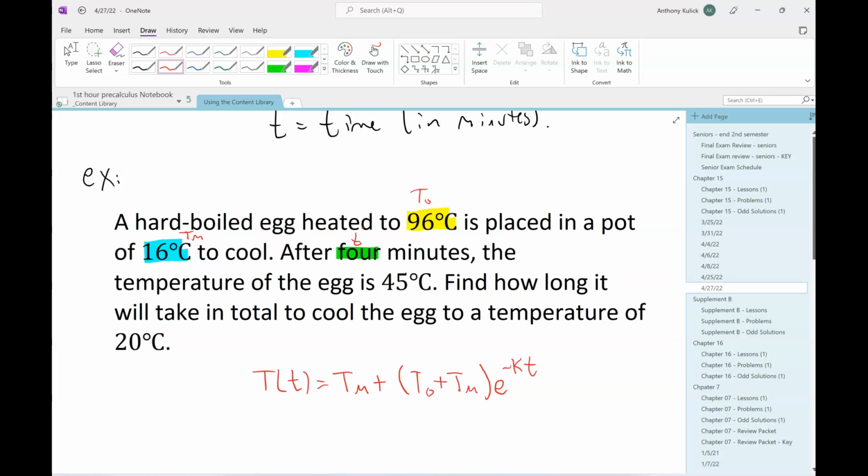But what we don't have anywhere in here, well, let's keep going. This is like a T of t, specifically T of 4. And then this is some other T of t where we don't know what the t is, since it's asking for how long.